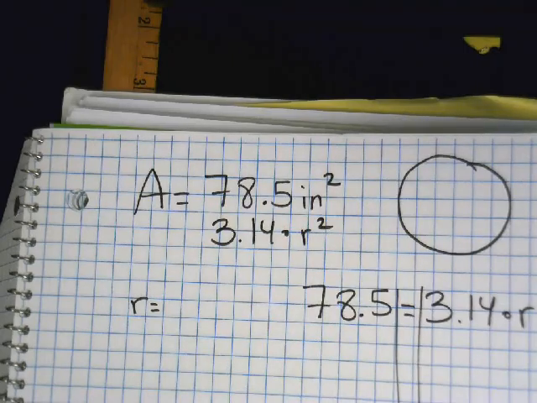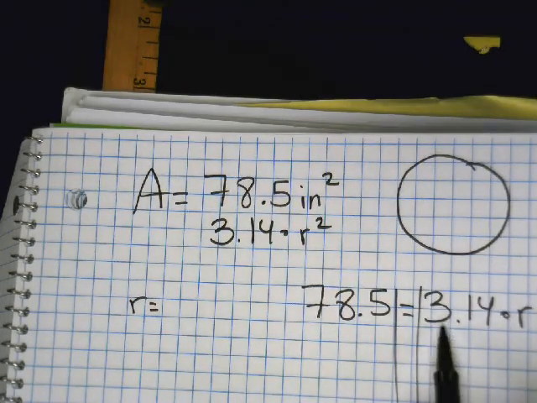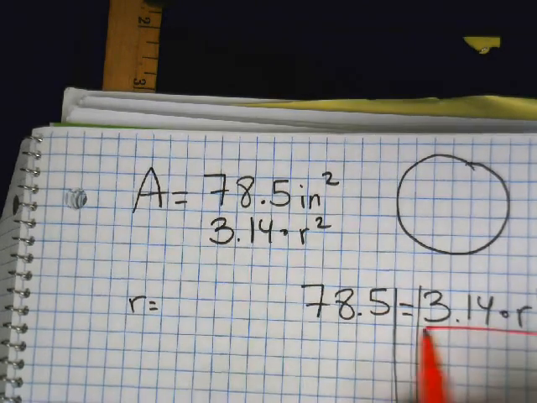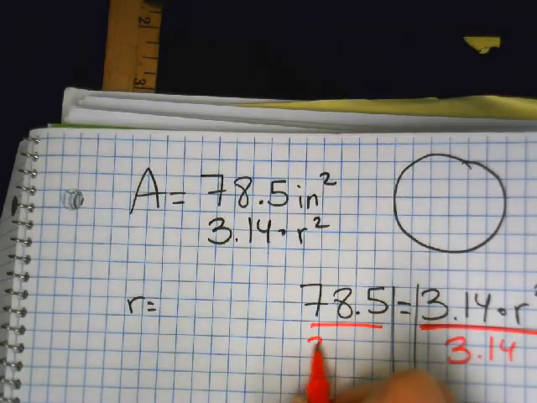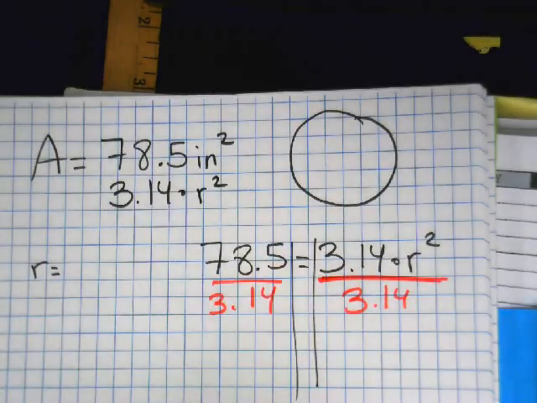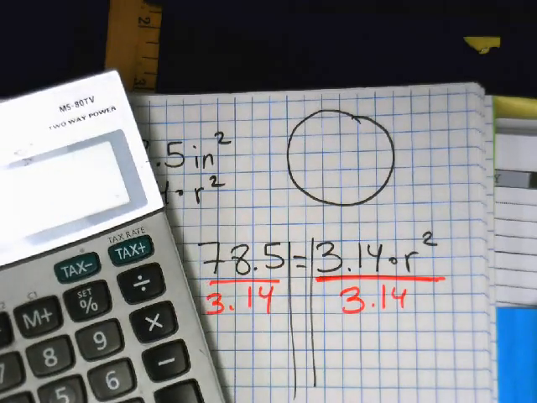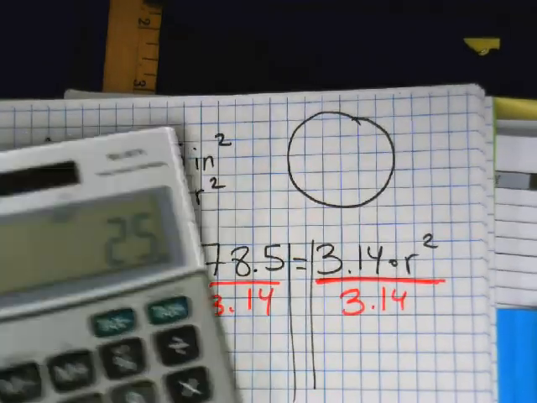What do I want by itself? R, right? So what's the first thing I do? I move the 3.14. Why do I divide it? Because it's being multiplied, so I'm going to divide by 3.14. I'll do you the favor of telling you what that is. Anybody take a wild guess? What's 78.5 divided by 3.14? 25. Yeah, 25.